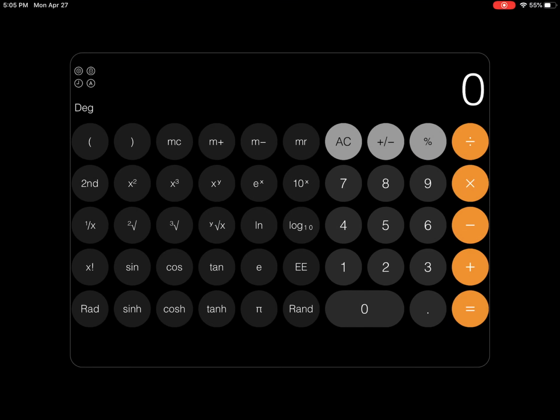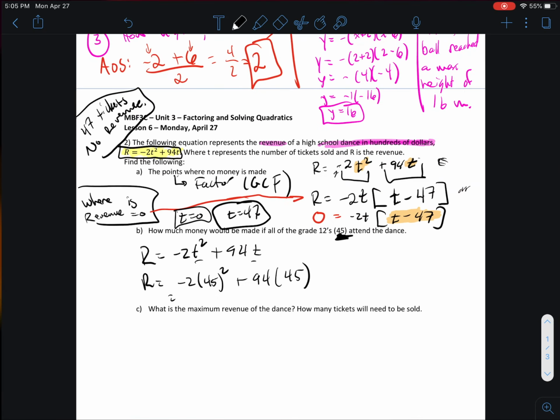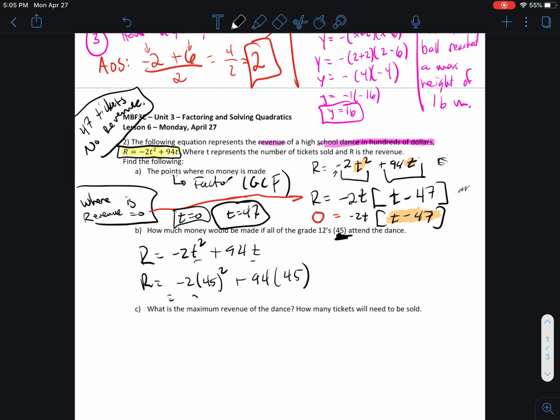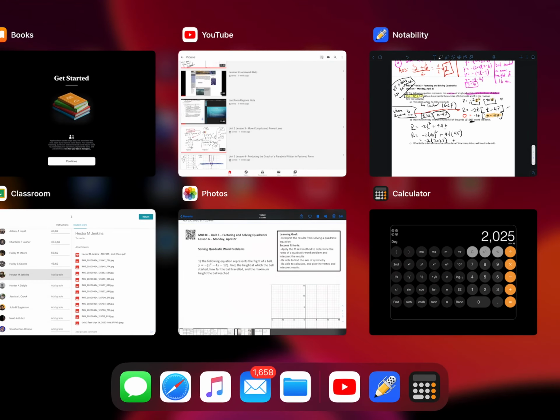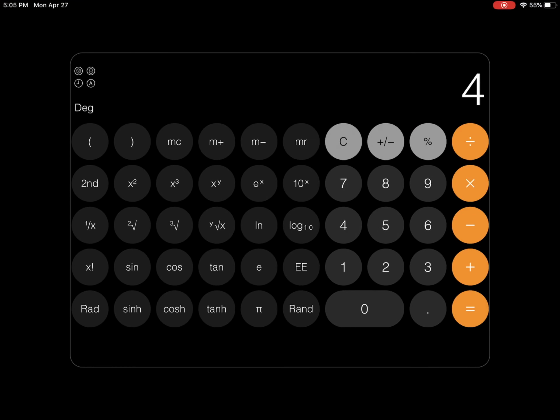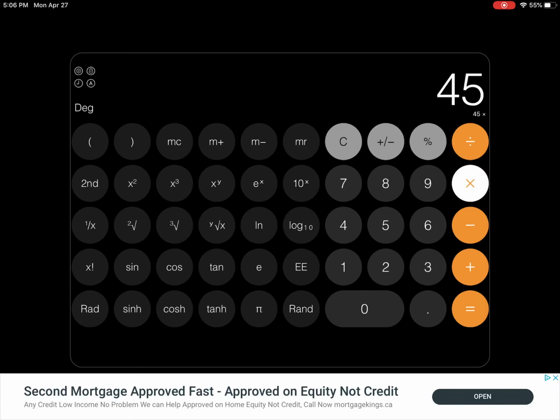So we can go to my calculator here. 45 times 45 is 2025. Oh, but it's 2 multiplied by 2025.